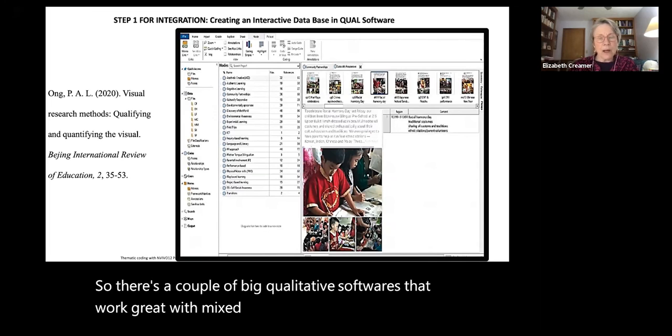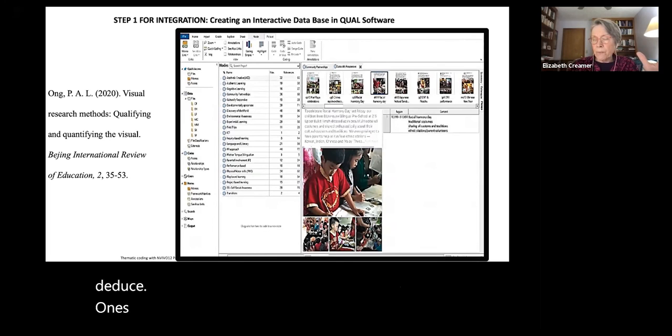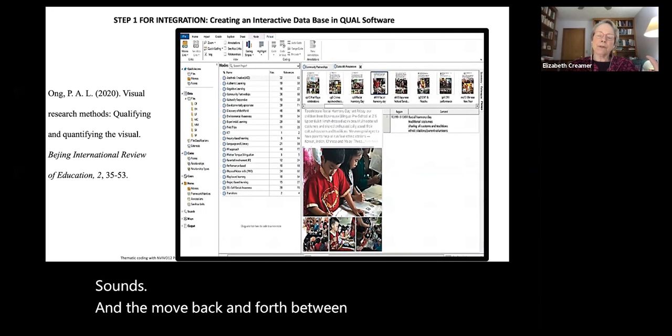One's Atlas.ti, one's Dedoose, one's QSR NVivo. These allow you to incorporate images, sounds, maps, and to move back and forth between them, interview transcripts.